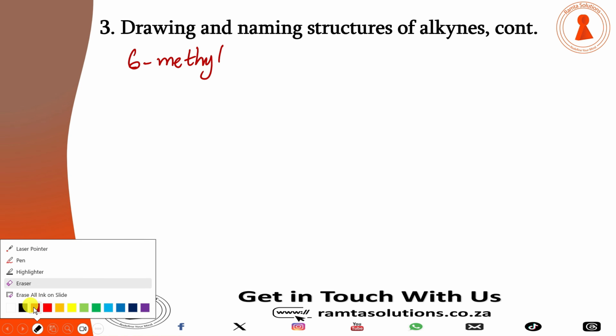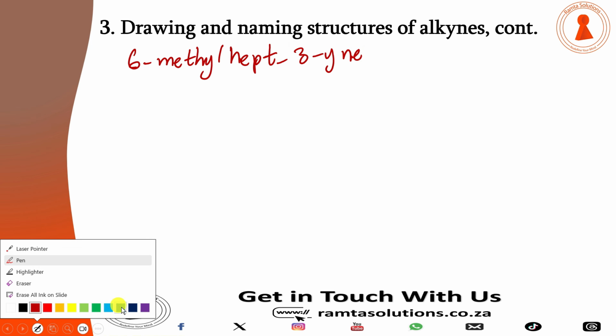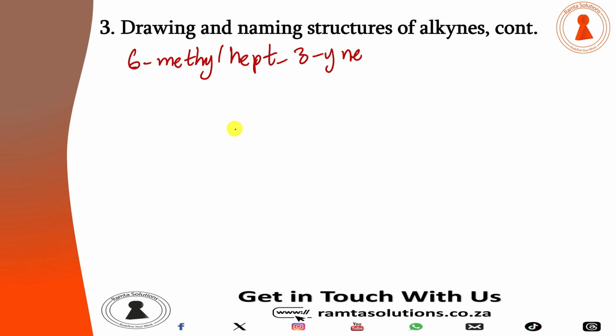But pent won't be bad, isn't it? Nah, pent is bad. Let me make it hept-3-yne. Okay, let me change the color. I do see that when I do this, it's important that I should have different colors.